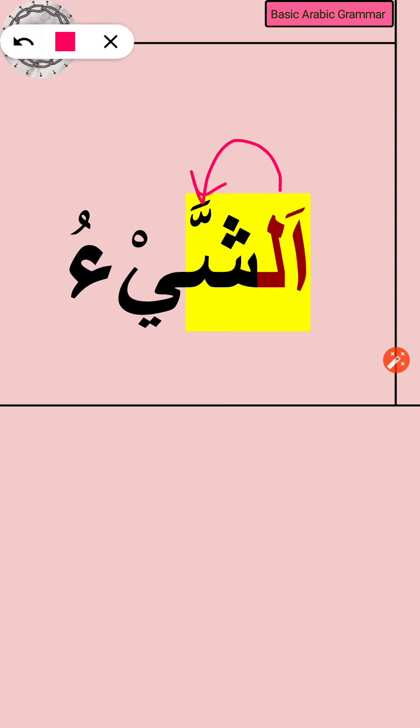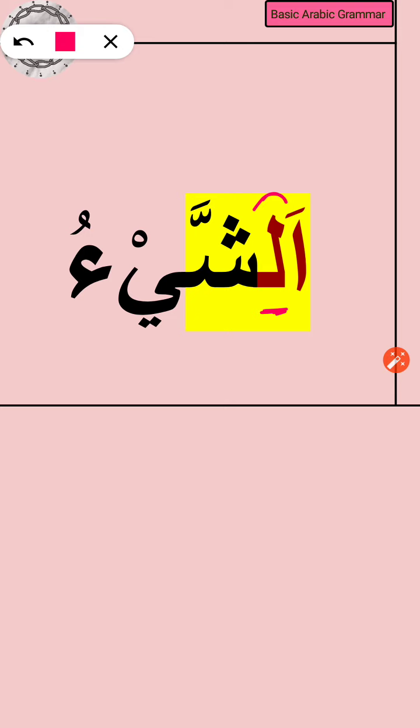The alif of al is connecting directly to the first letter of the actual word, which is sheen. So this al sound has been ignored totally here. There is no harakat on the lam, it is totally silent. It is ash-shay'u and not al-shay'u.